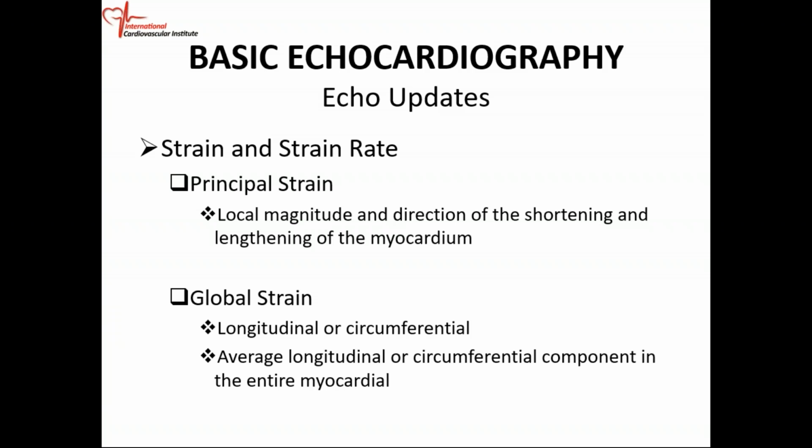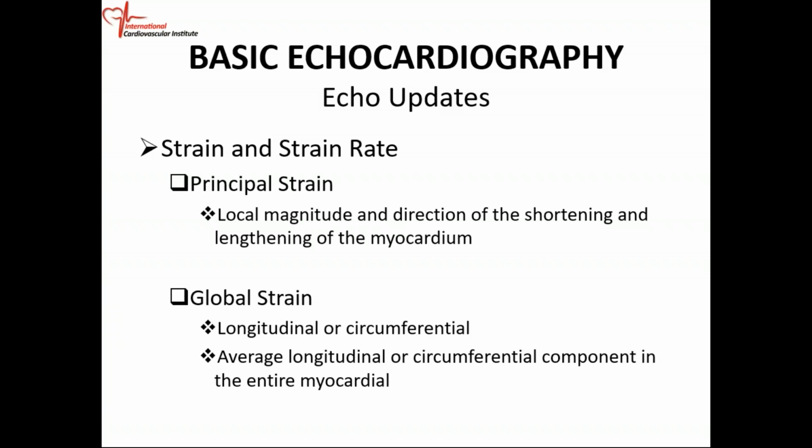There are certain conditions in which we use global strain. Patients with any type of cancer who are going to get chemotherapy, commonly breast cancer, are going to get certain types of chemotherapy. We use global strain to follow these patients because it's more accurate, and you can pick up a problem with the heart muscle much earlier than if you're looking at just ejection fraction.